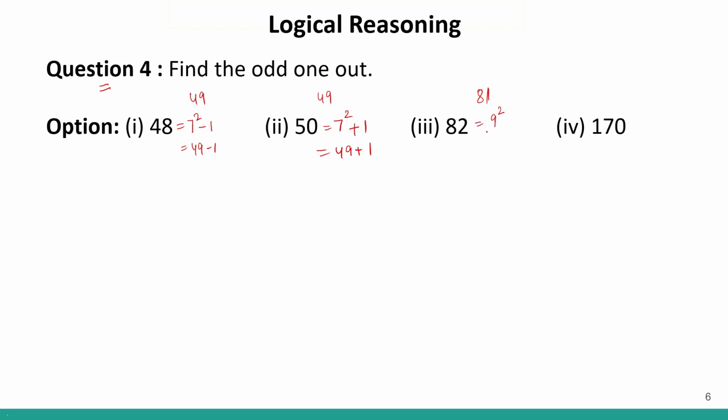It is the square of 9. So I can add 1 to the square of 9. That is 81 plus 1 will give me 82. Correct? And for 170 I can see 169. So the closest square is 169. 169 is the square of 13. So I can see 13 square plus 1. That is 169 plus 1.